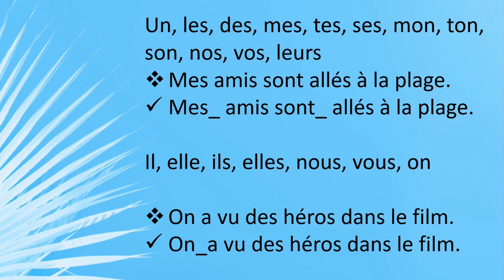There's a video on the use of the H for the liaisons, and you can have a look at it, because not all the words starting with an H can link, so you need to learn them.